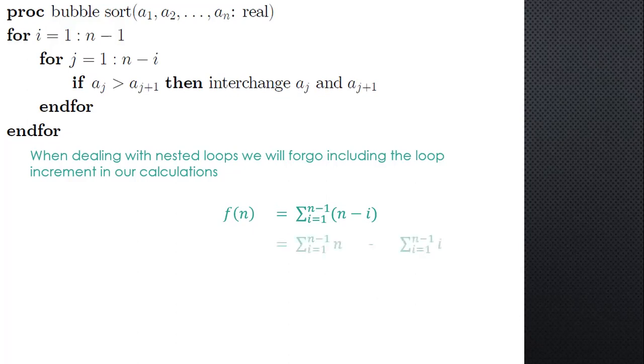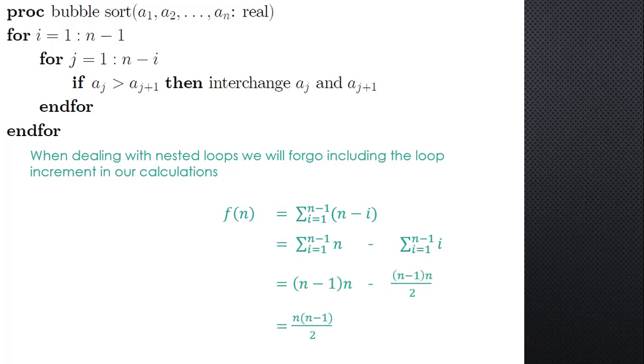Rewrite this. This is the sum from i equals 1 to n minus 1 of n, minus the sum from 1 to n minus 1 of i. Using our formulas from chapter 2, from sequences, we get this: n minus 1 times n, minus n minus 1 times n over 2, which just leaves me with, right, I have a whole minus a half, I'm left with a half.